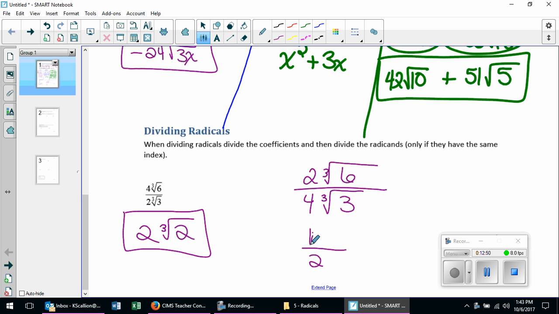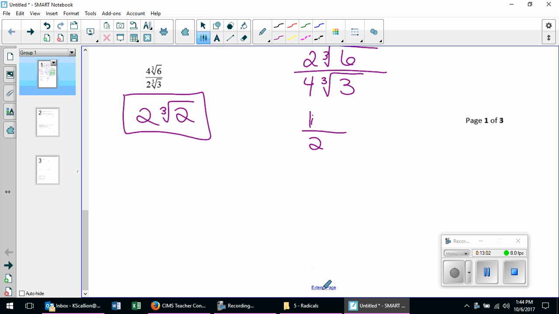You guys agree with me? Yes? So now 3 does go into 6, right? You did that over here. So the question is, does the cube root of 2, does it go on the numerator or does it go on the denominator? Does it divide evenly in?